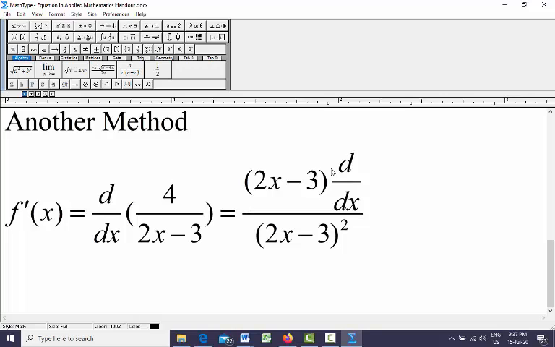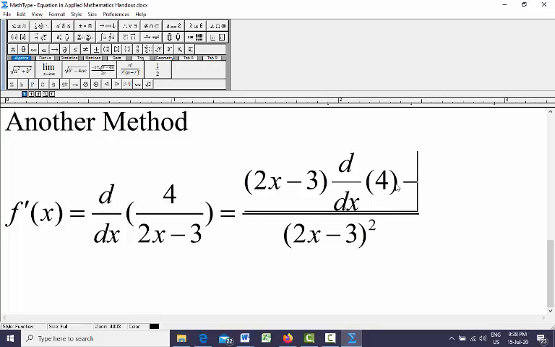We write d by dx of whatever you have in the numerator. We have 4 in the numerator, right? And then minus, and then we bring this 4 again here.